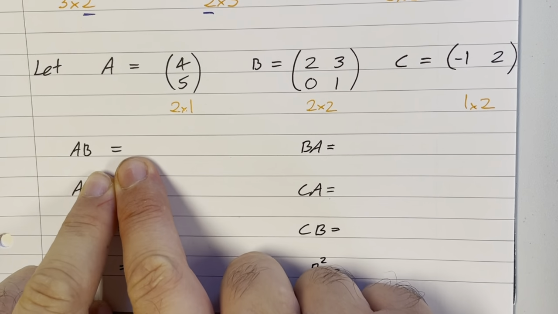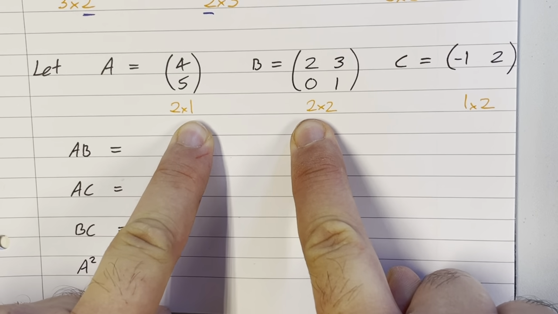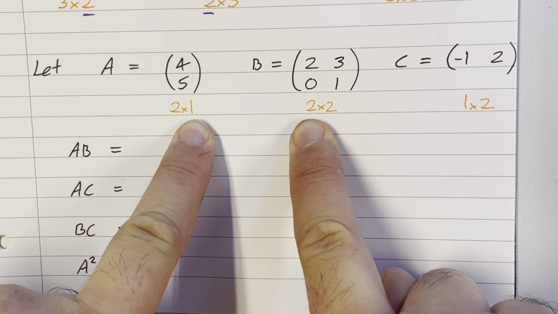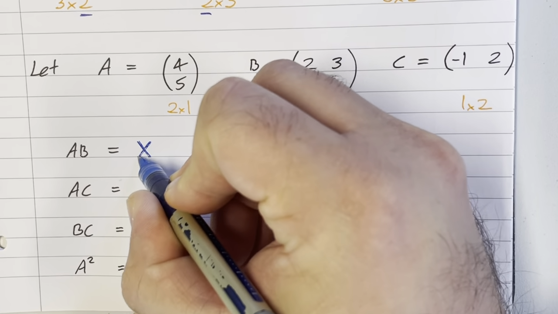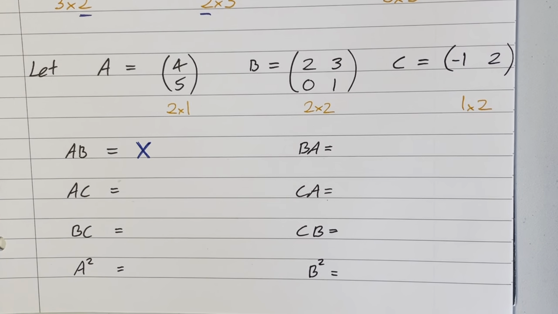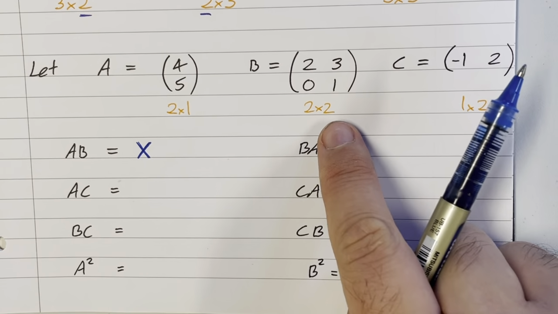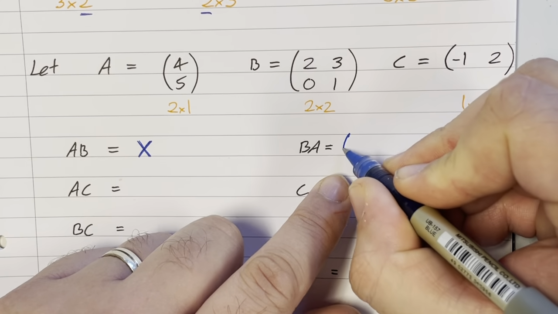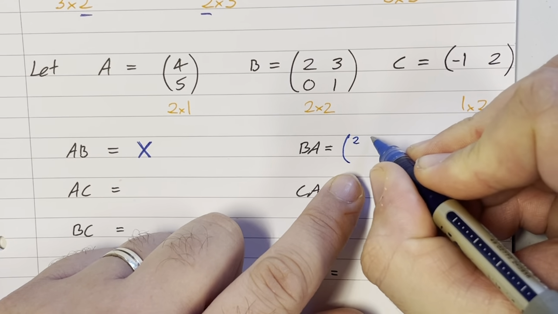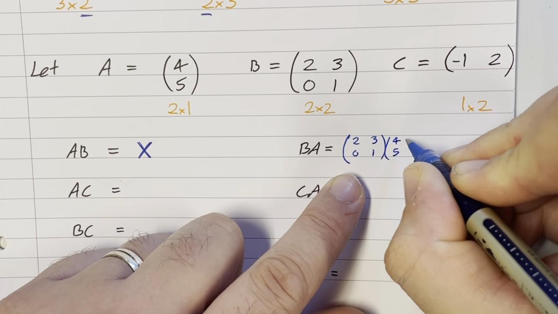So if I want to calculate AB, that's going to be this times this. Unfortunately, the second number in A does not match the first number in B. Therefore, that matrix product is not possible. So I'm just going to write an X in there. That answer is not possible. Okay, I'm going to swap them around though and do B times A. That should be possible because the second number in B is equal to the first number in A. So that's going to become 2, 3, 0, 1 multiplied by 4, 5.